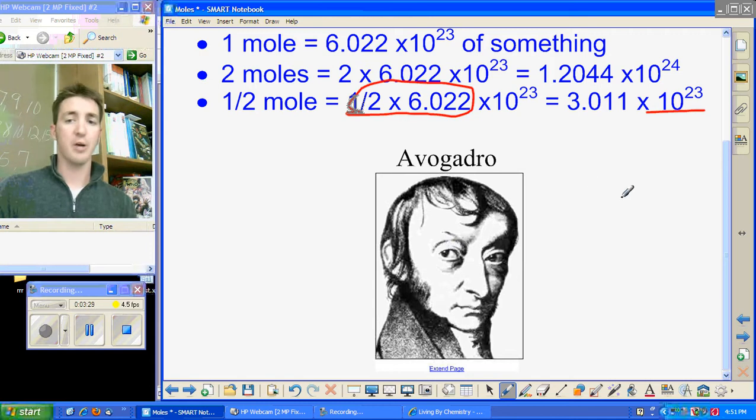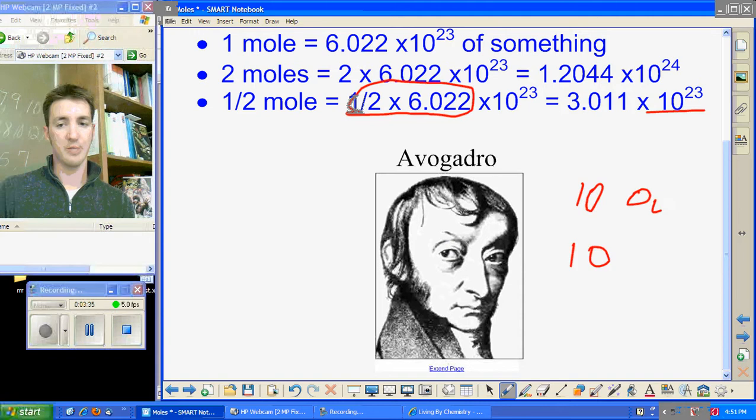What he figured out was, if I have, let's say, 10 molecules of oxygen and 10 molecules of hydrogen and 10 molecules of iodine, if I had 3 balloons with these different things, iodine weighs over 100 times as much as hydrogen. So the balloon would weigh 100 times as much.